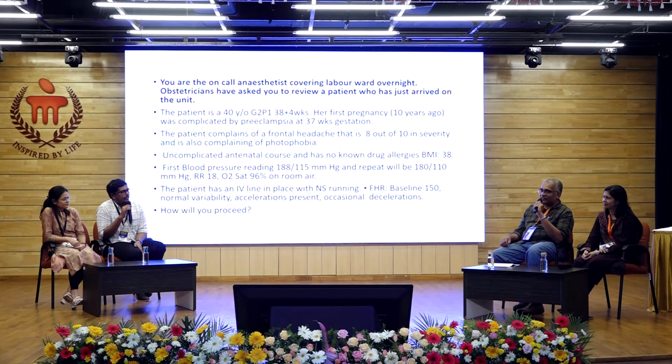If it is more than 12, there will be a loss of patellar reflex, and if it is 12 to 20, there will be respiratory depression. If it is more than 25 milligram per deciliter, there will be cardiac arrest. Okay. For a patient who is on magnesium therapy, what are the implications if that patient goes for an anesthetic?